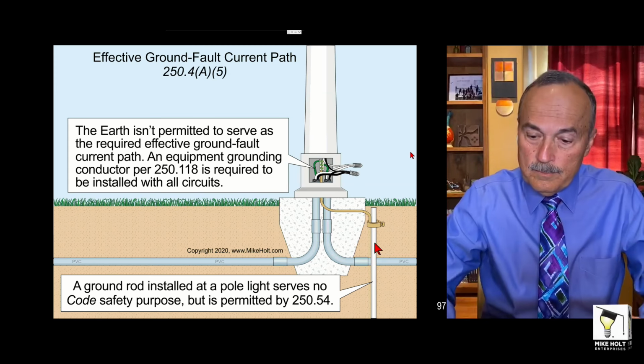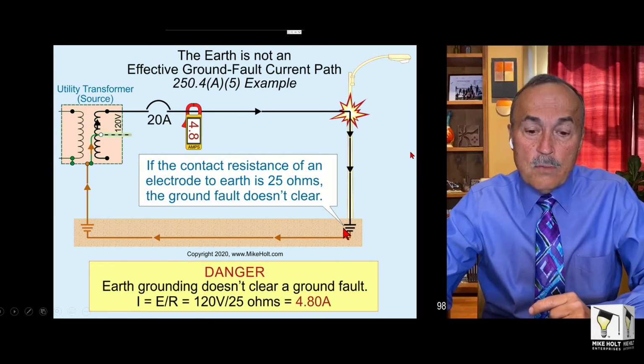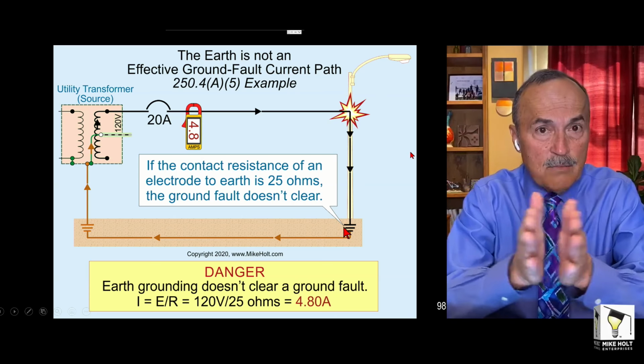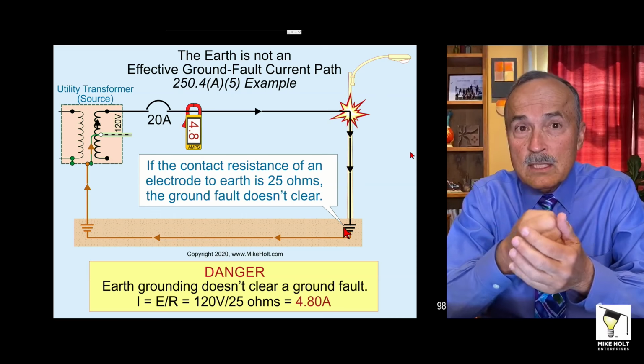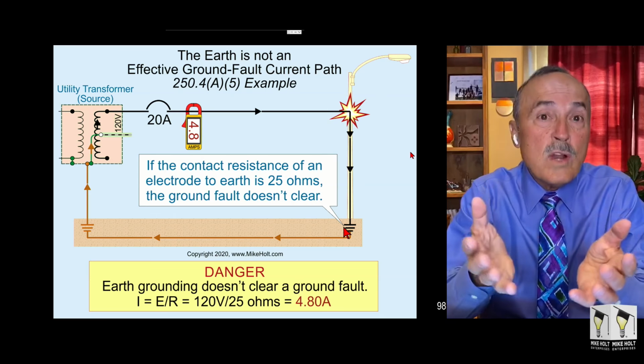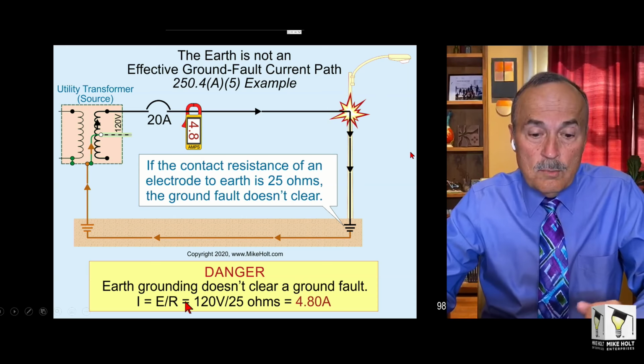That's another discussion. Okay, if you drive a ground rod, and let's say that ground rod was 25 ohms, that's the contact resistance. When I measure ground resistance, we're measuring the contact resistance of that ground rod to the earth. Let's say it was 25 ohms. It might be, it might not be. If it was 25 ohms, Ohm's law.